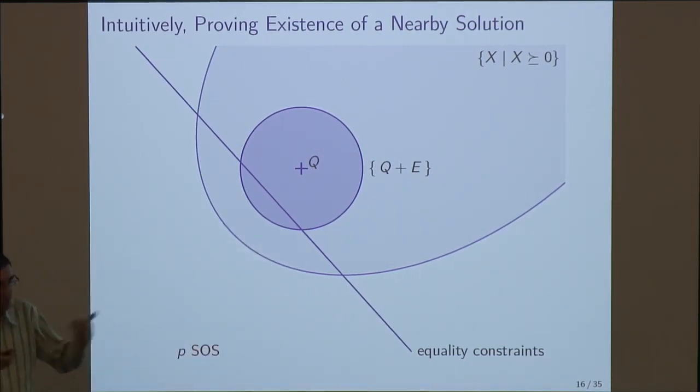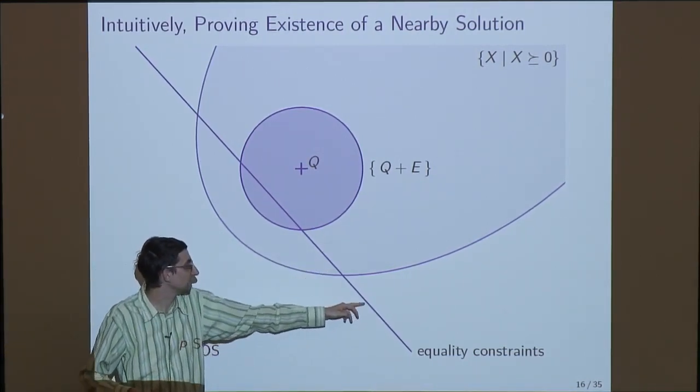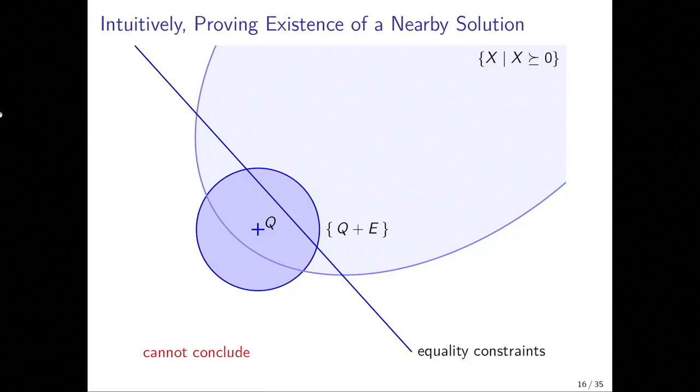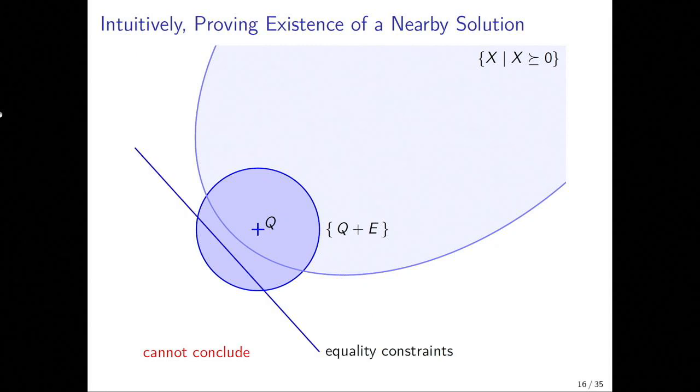And if the ball is entirely in the light blue area, there is at least one point on the line that is in the light blue area. Of course, there are configurations in which we cannot conclude because the ball is too large or the point is too close to the border of the cone of positive definite matrices, or simply because there is no solution. But we cannot distinguish between these two cases.